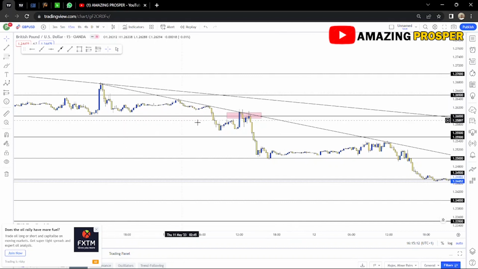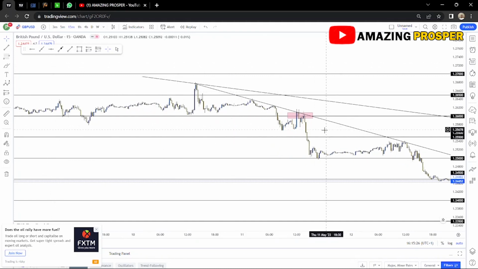So I put my trend line. Trend lines have so many things, like what we call the main trend, the micro trend, the mini trend, and the minor trend. There's always a trend line inside a trend line.